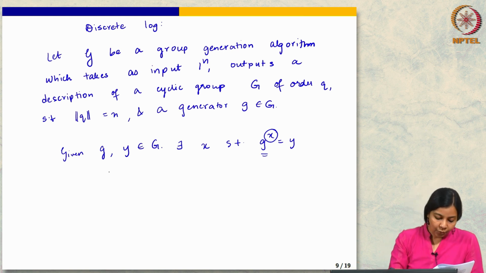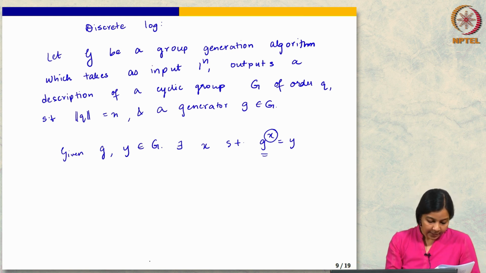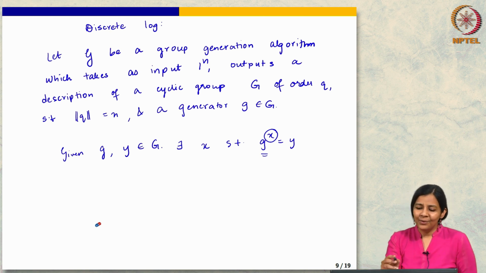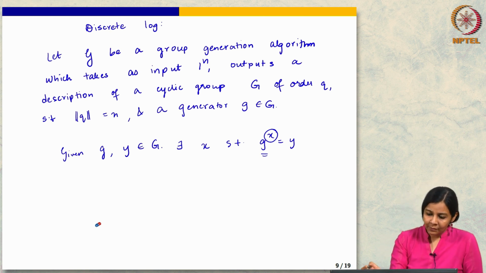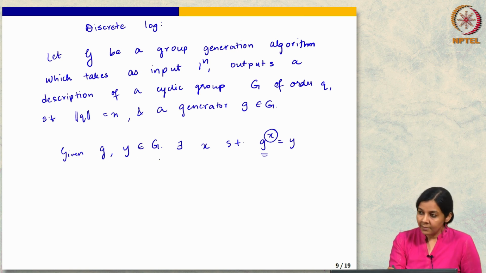So let us just go with this. This is saying that given this generator g and some y in the group, because g is a generator, it can generate y.